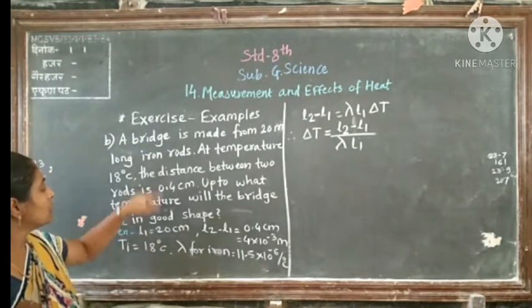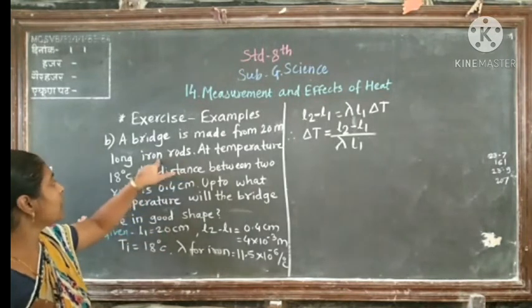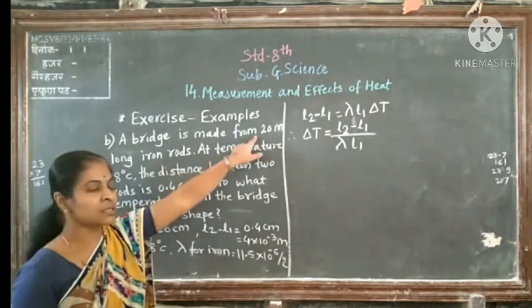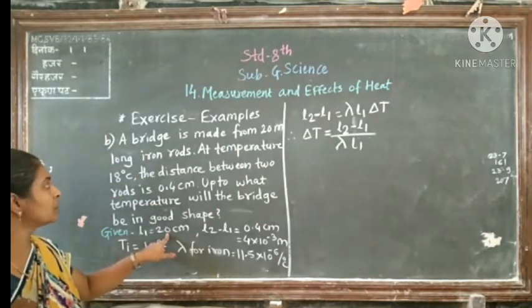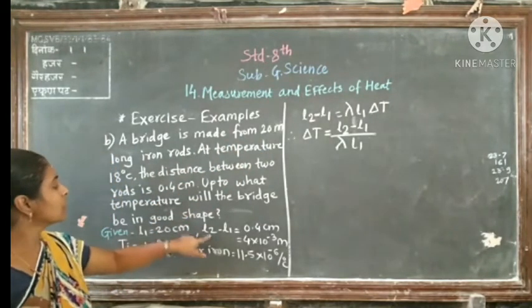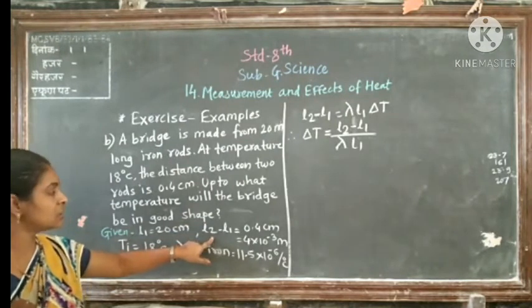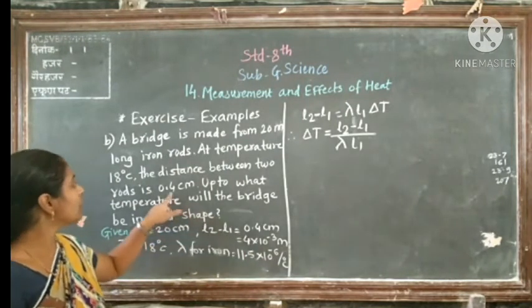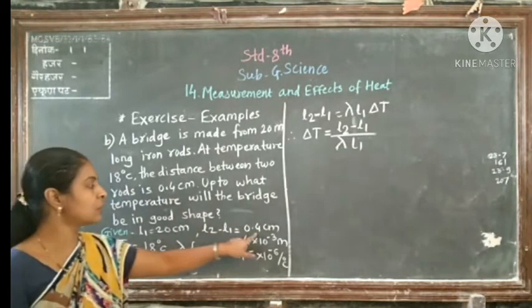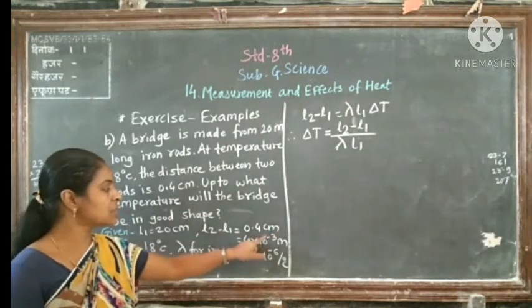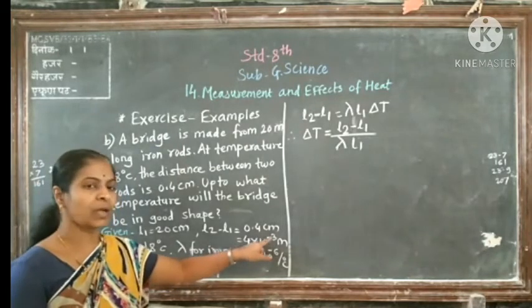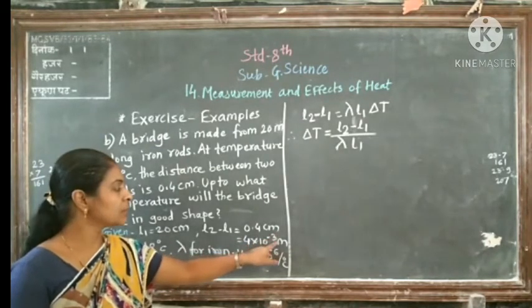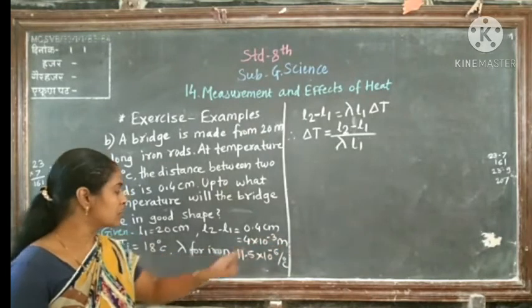So the length of that iron rods, that is the initial length, that is given 20 centimeter. Difference in the length, that is the change in length that is given, and that is 0.4 centimeter. And here this converted into meter, that is 4 into 10 raised to minus 3 meters.